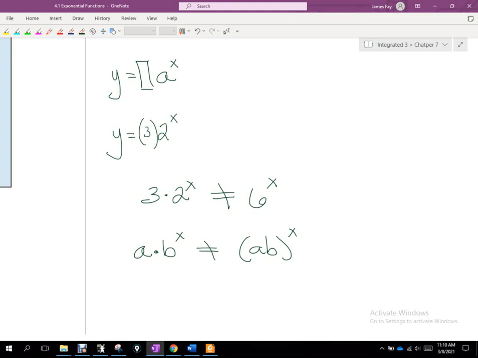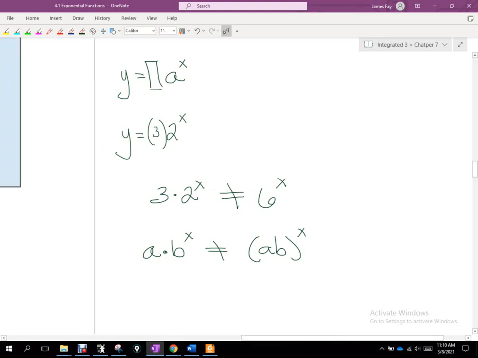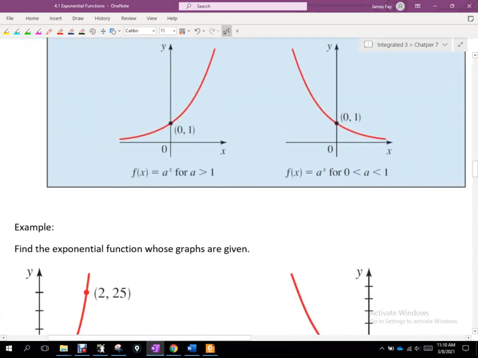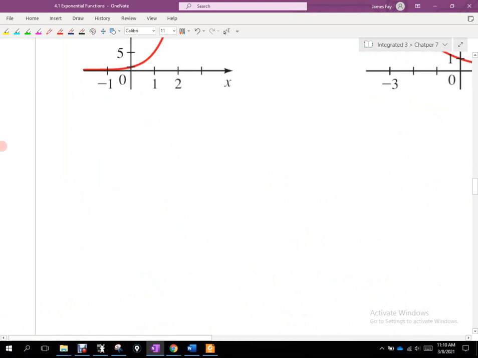But we're going to use those ordered pairs that we just came up with, 0 comma 1, 1 comma a, and negative 1 comma 1 over a, to take an image from a graph and create the equation that comes from it. Okay? You guys remember, let's say I gave you something like this, and I say that the y-intercept is 2, and we go up 2.